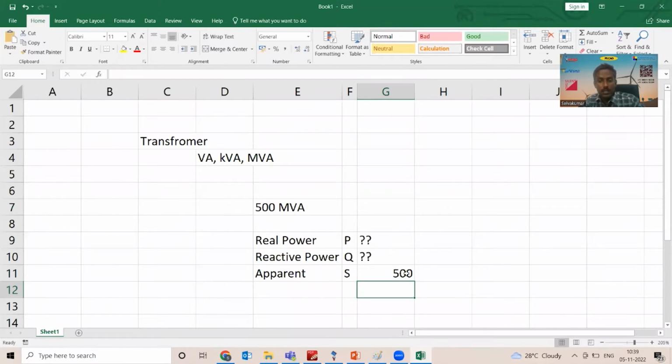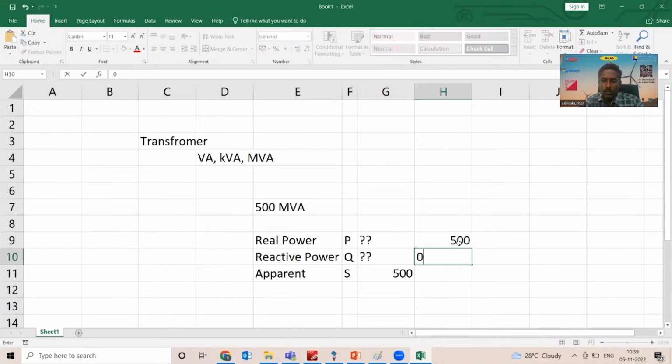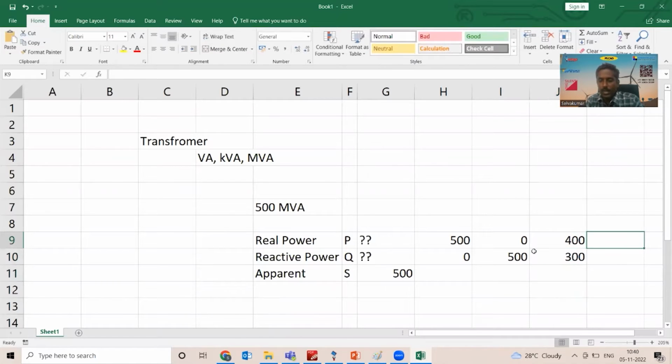Which means you can have multiple P and Q combinations. You can have 500 megawatt with 0 MVAr. You can have 0 megawatt with 500 MVAr. You can have 400 megawatt 300 MVAr. You can have 300 megawatt 400 MVAr, or whatever may be the combination.